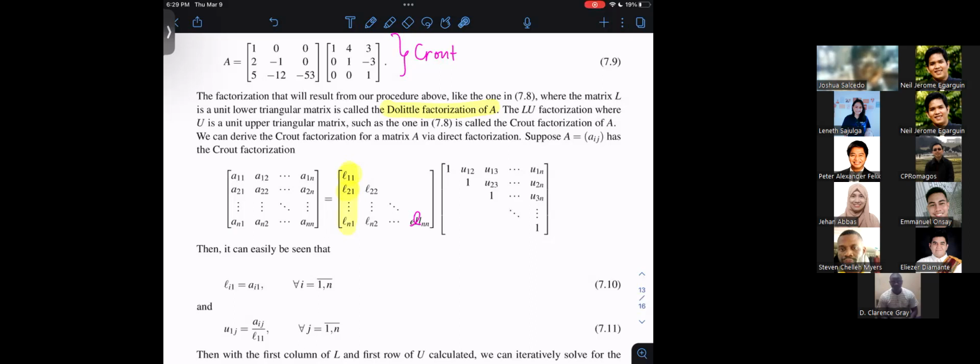Now, once I figured out what the values of the L sub I ones are, I can now proceed by taking advantage of that idea, right? So what I'll do now, I want to retrieve the values of the first row of the matrix U. And I'll do that by multiplying the first row to all of the columns.